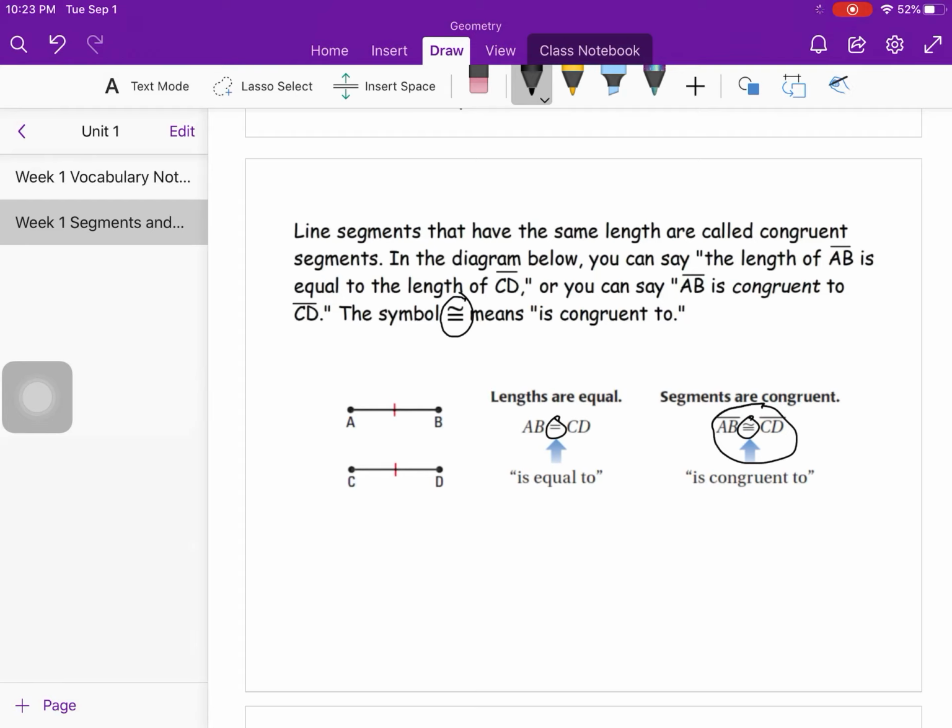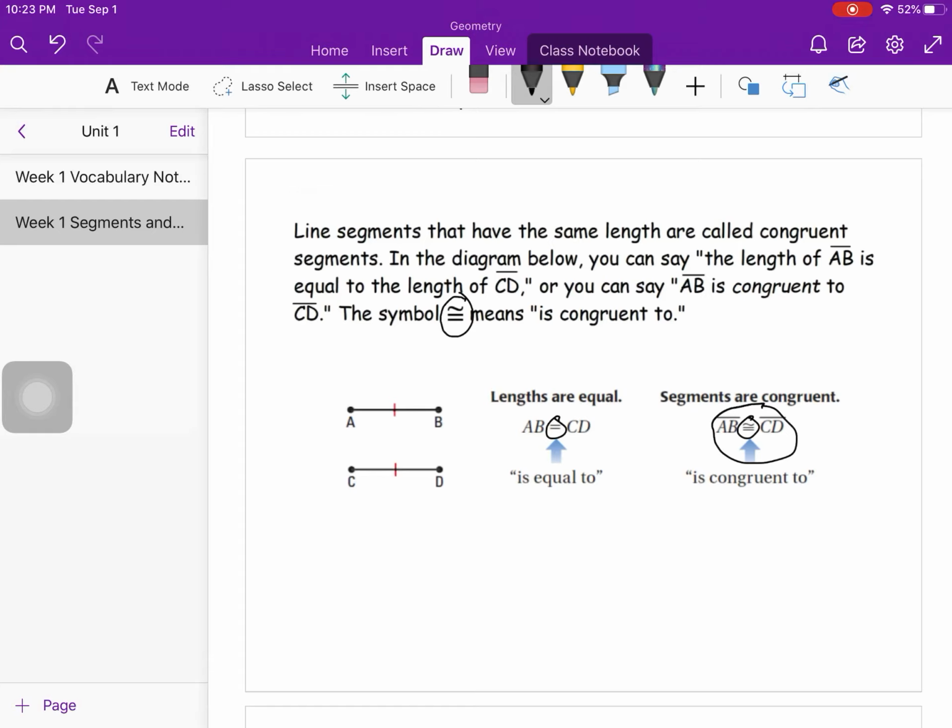You're looking for the numerical value that's a distance, like inches, centimeters, something like that. But when we're talking about the segments themselves, we don't necessarily need to know their lengths. We'll practice this more and have a conversation in class about the difference if that's a little confusing, so don't panic too much. Just know that if there's no bar over top of them, it's looking for the actual number value.